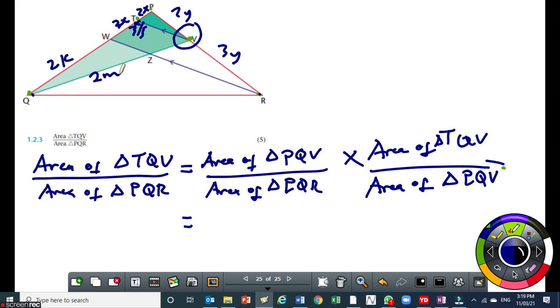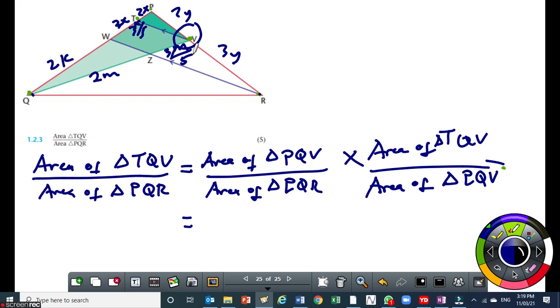The coefficient of the TW in terms of K is 3K over 5. So here it has to be 3M over 5. The coefficient of the constant must be the same. But the constant is a letter. So, let me substitute now in terms of the constant.